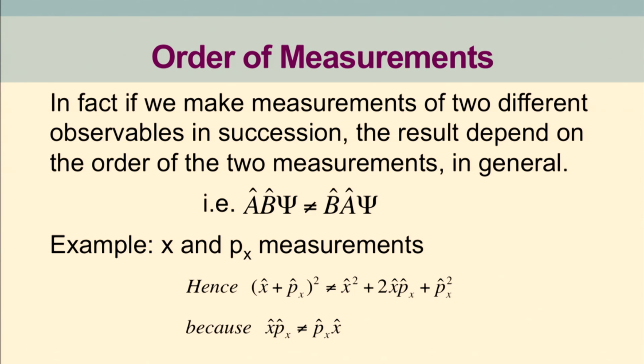And this is because of a mathematical relation. In general, in quantum mechanics, if I have two operators A and B which operate on the wave function psi, then on the left hand side we have A times B times psi, which means I am first making a measurement of the observable corresponding to the operator B, and then I make the measurement corresponding to the operator A. However, on the right hand side, it is the other way around.